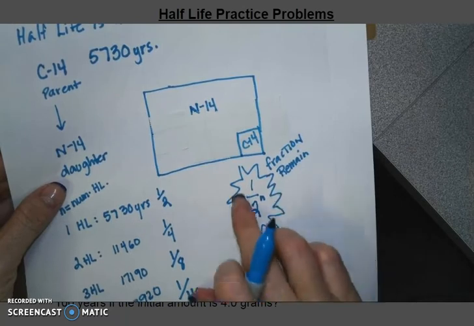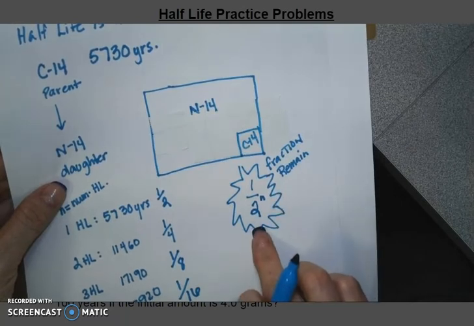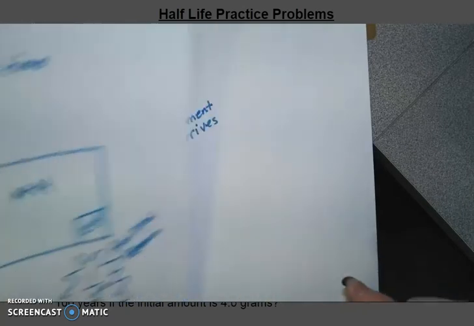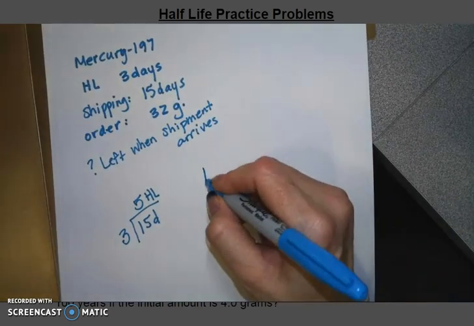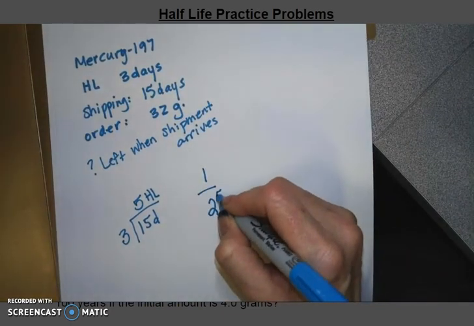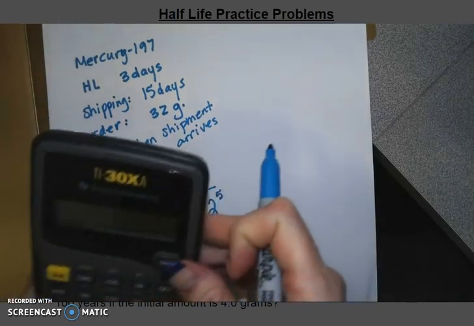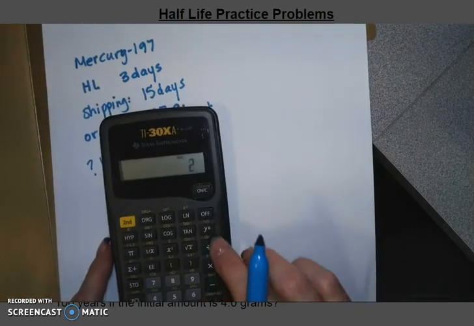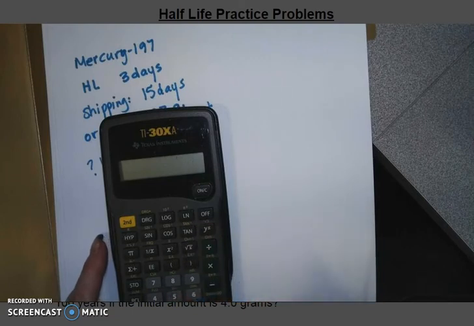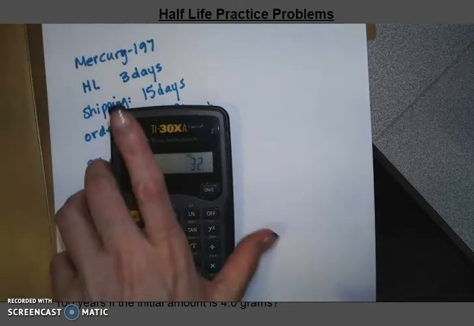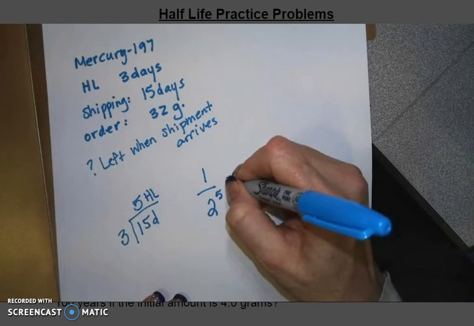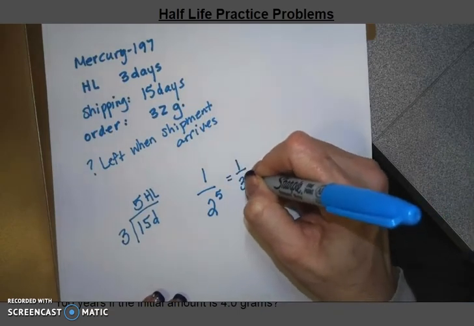The fraction remaining, 1 over 2 to the n. 1 over 2 to the 5th. Okay? What's 2 to the 5th? Well, let's look at our calculator and figure it out. Only 1/32 of the original is going to be remaining.